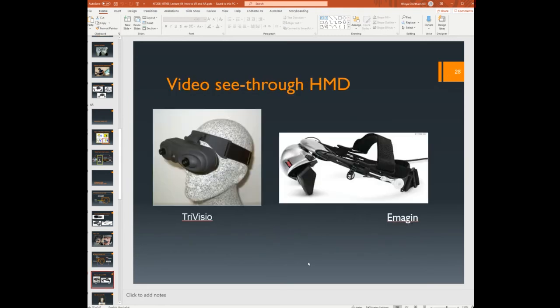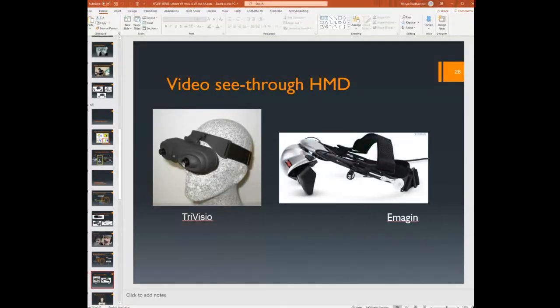This is some of the old video see-through equipment from the past. You can see the cameras here on top generating stereoscopic views for the right eye and left eye. The reason they are positioned awkwardly right here is to minimize the viewpoint offset. If your camera is on top, you always see as if your eye is above your actual eye location.